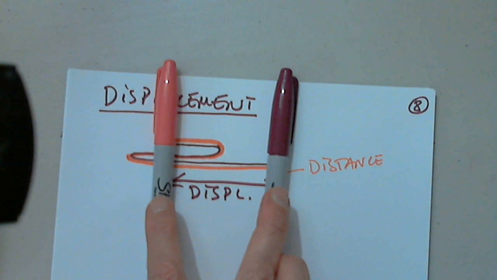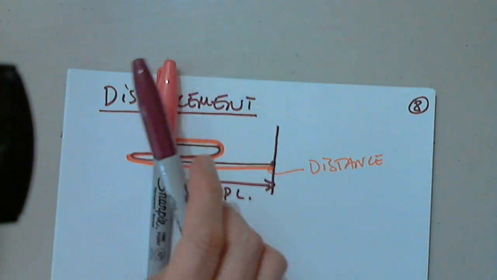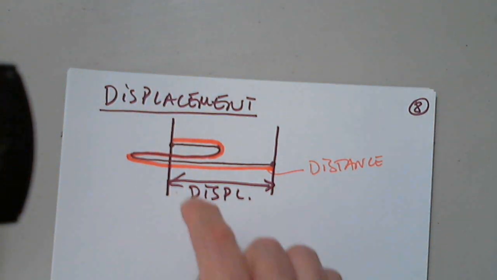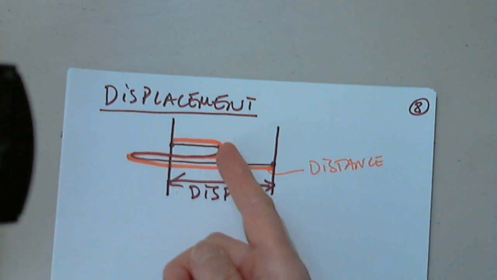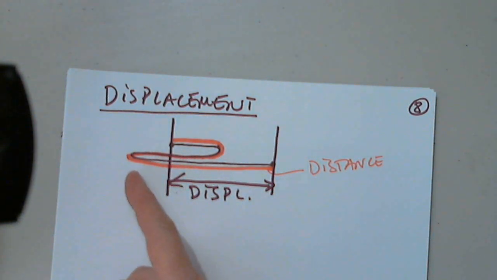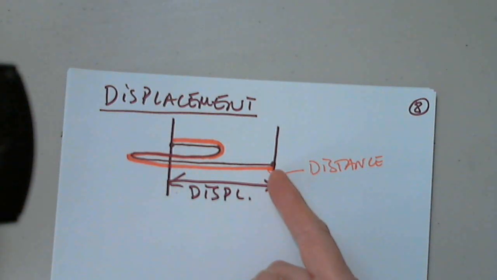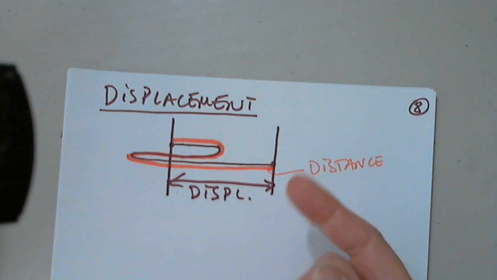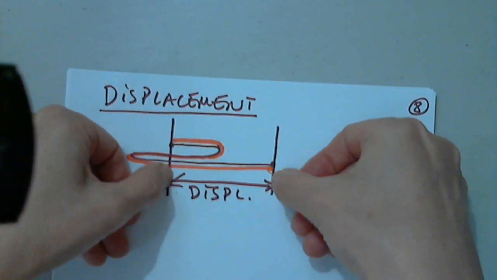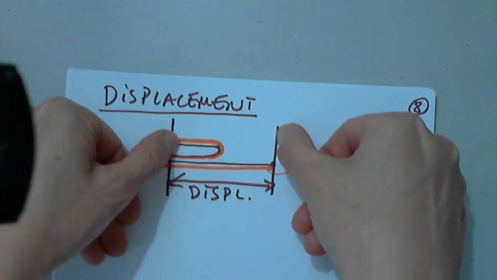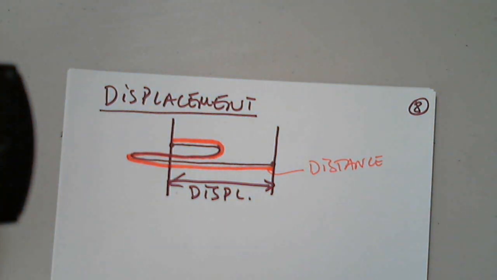But the distance covered by the particle is this, let's say 3 feet plus 5 feet plus 10 feet. 3 plus 5 plus 10, 18 feet. The displacement will be just the distance between these 2 points, whatever that is. Okay, so now let's go back.